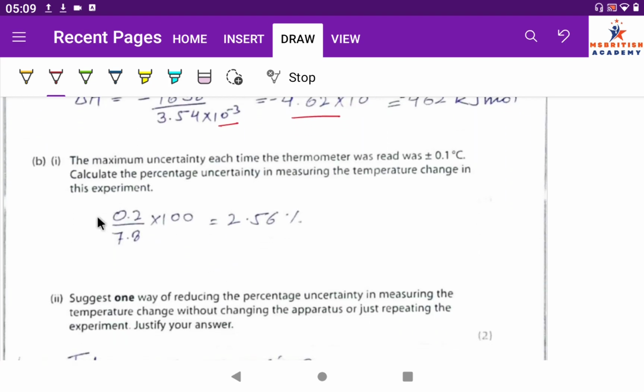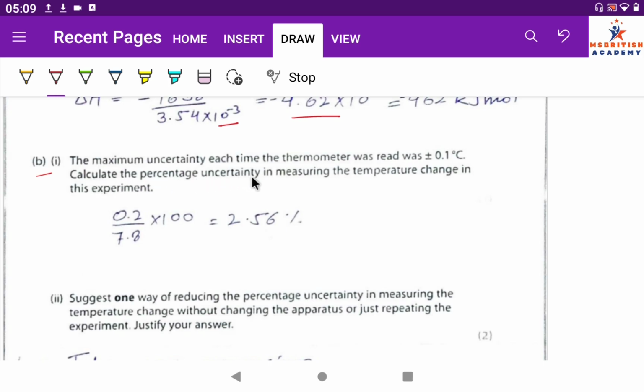Now the B part 1: the maximum uncertainty each time the thermometer was read was plus or minus 0.1 degrees Celsius.